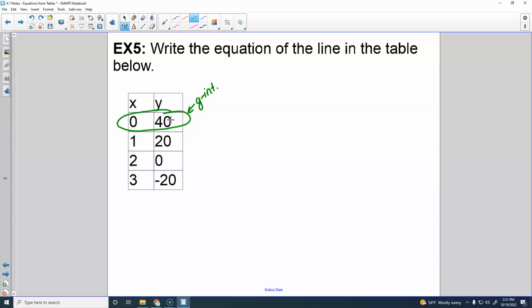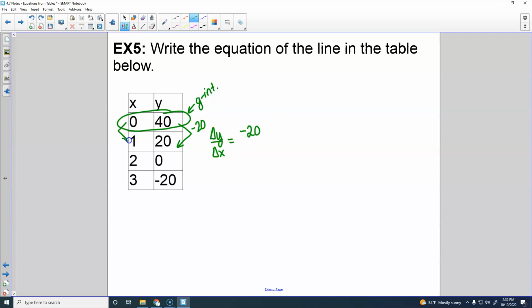Okay? Slope is our rise over our run, our change in y over our change in x, right? So if we're looking for change in y over change in x, if I go from 40 down here to 20, what happened to my y? Subtracted how much? 20. So I went down 20, right? So my change in y is negative 20.